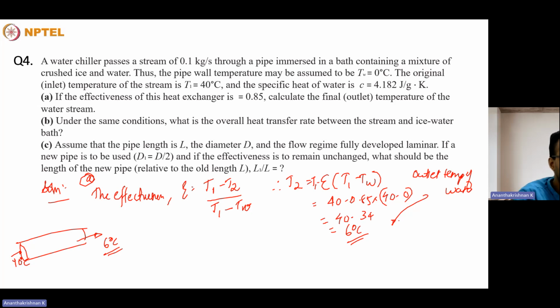So that will be the same as the change in enthalpy experienced by the flow through this tube.